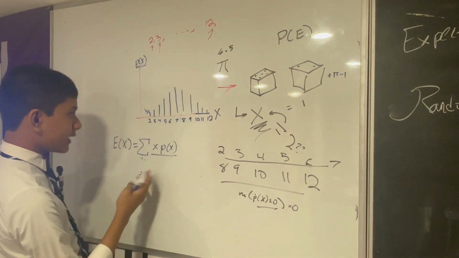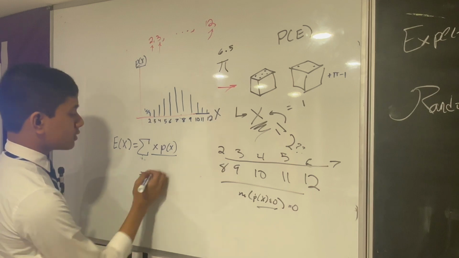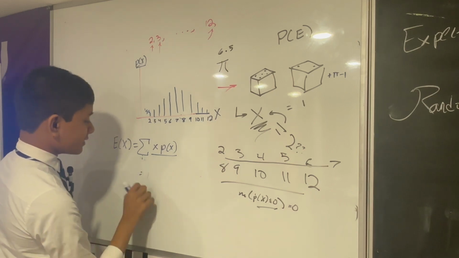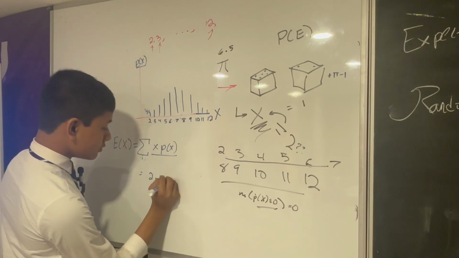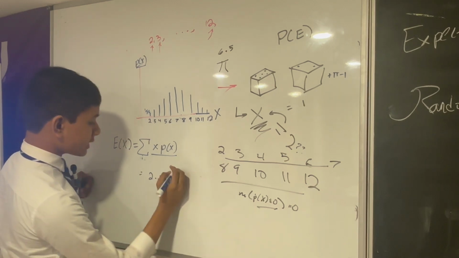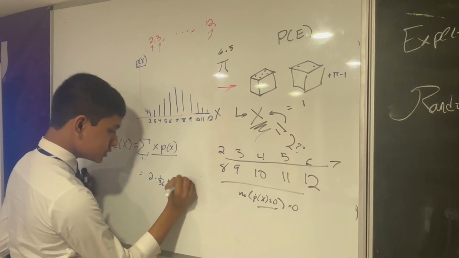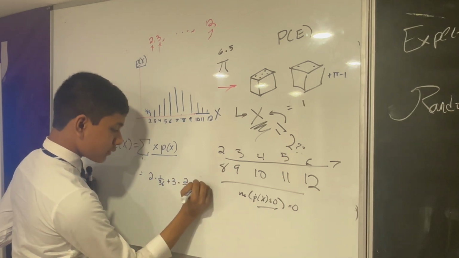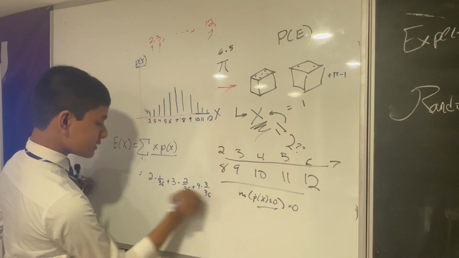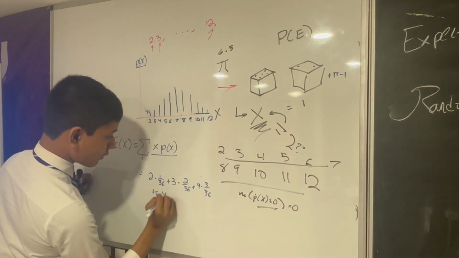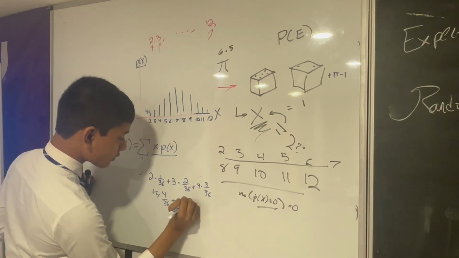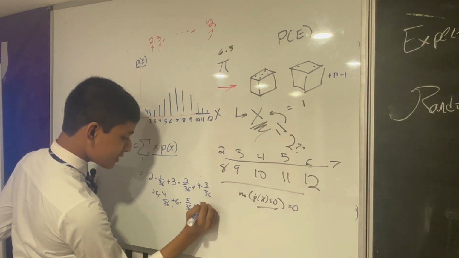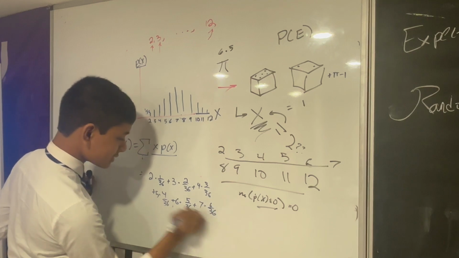So, you can write something like, 2 times 1 over 36, that's the probability of getting a 2. 3 times 2 over 36. 4 times 3 over 36. 5 times 4 over 36. 6 times 5 over 36. 7 times 6 over 36.